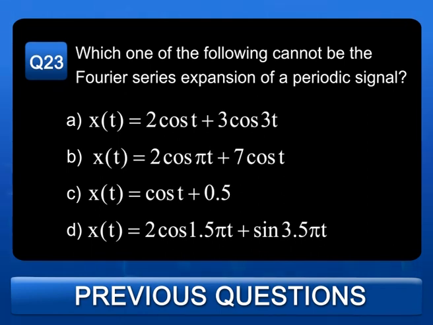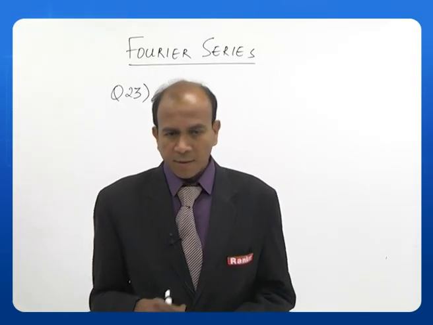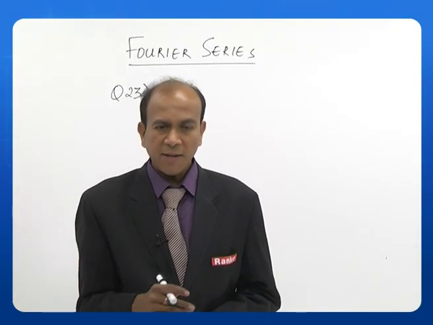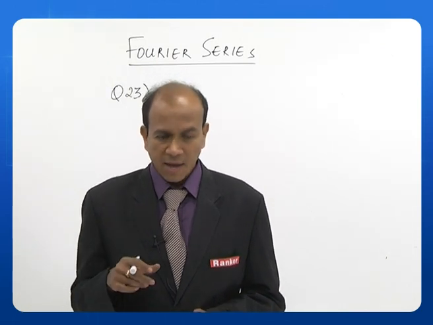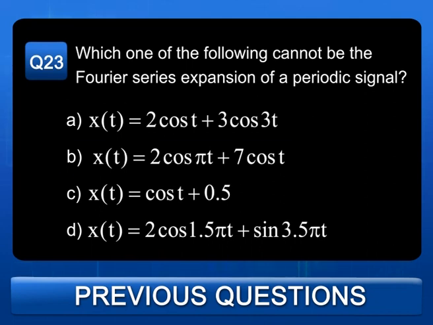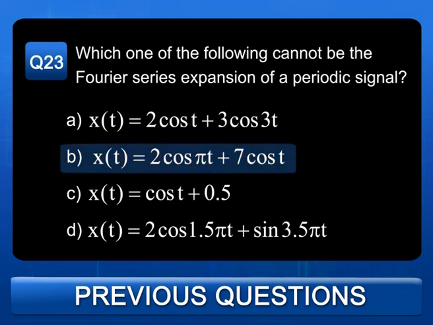C, x of t is equal to cos t plus 0.5. D, x of t is equal to 2 cos 1.5 t plus sine 3.5 t. If you look at this, the first one is periodic, the second one is cos pi t, whereas the other one is 7 cos t. So there seems to be a periodicity issue there. So the answer is B, where x of t is equal to 2 cos pi t plus 7 cos t, as this is not a periodic signal.